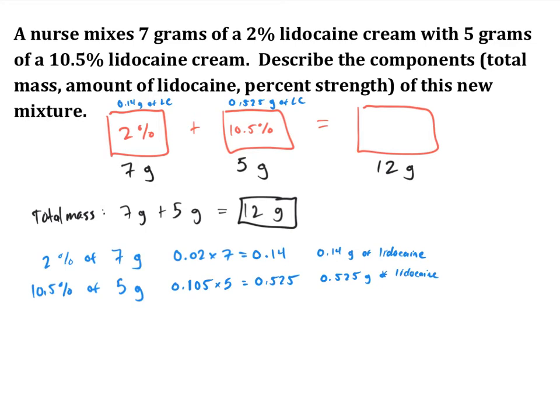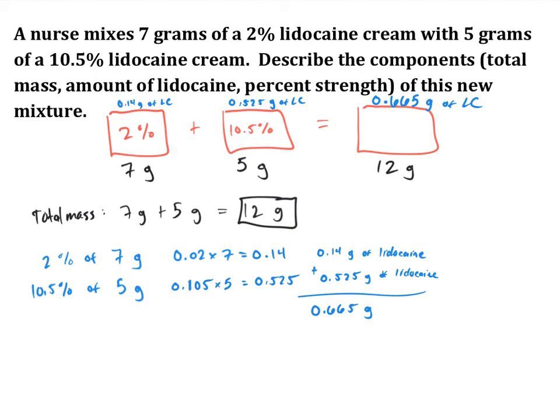So now when I take those together, if I add them together, 0.14 plus 0.525, I will get 0.665 grams. And that's going to be the amount of lidocaine in this new cream.